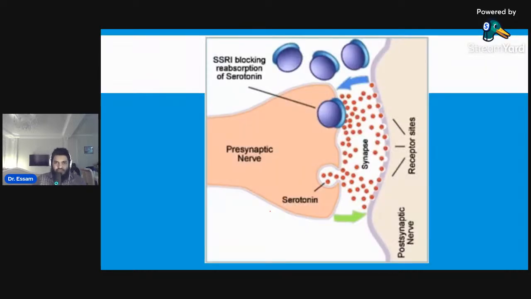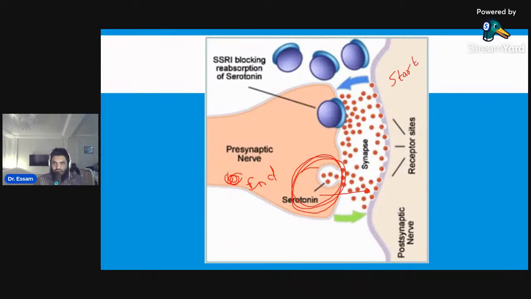And now we are going to see what is the role of serotonin. So we learned about serotonin just now. Basically, serotonin is a neurotransmitter. When this neurotransmitter goes from, see, this is the ending of one neuron and this is the start of the next neuron.